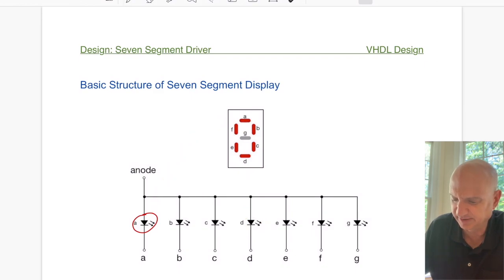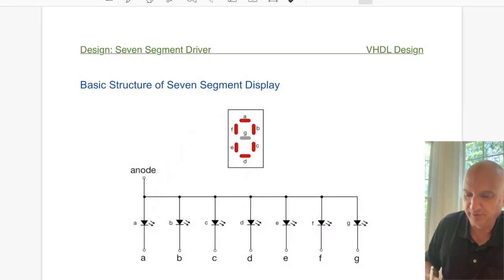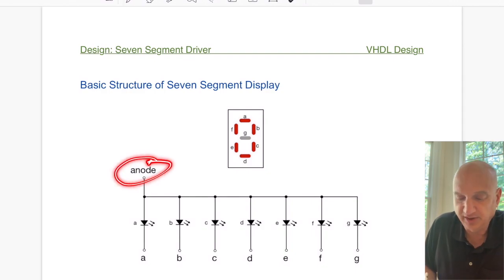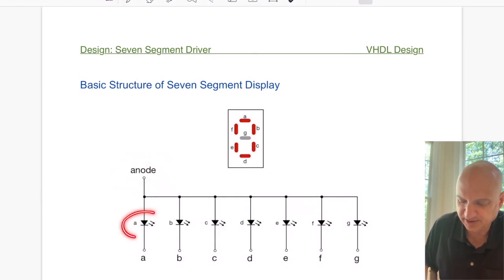Now the nice thing about this is we have only one wire called the anode, and you remember, the anode here basically is there to provide a common power source. So in this particular case, since the diodes are common anode, your power would come in this way, right?